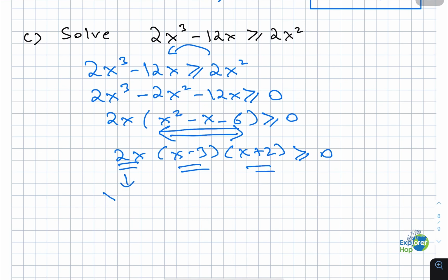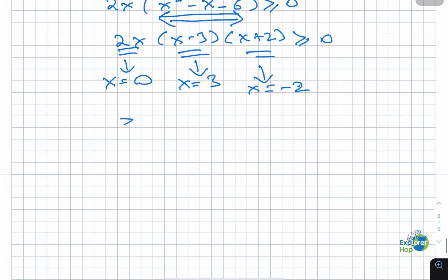So for this one, x is equal to 0, x is equal to 3, and x is equal to minus 2. So therefore our zeros, the x-intercepts, are x equals 0, 3, minus 2. Now let's plot these on a number line. So on a number line, we'd say 0 is here.